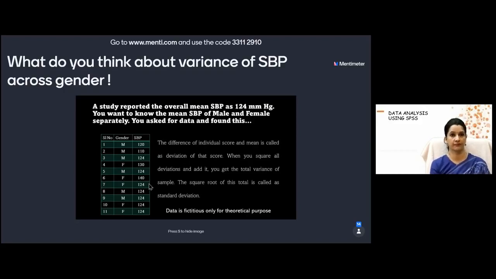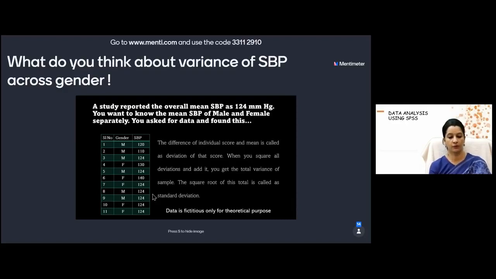So this is the variance of this particular group, known as the within group variance, meaning the deviation of the individual score from the mean. So this was an example of within group variance.